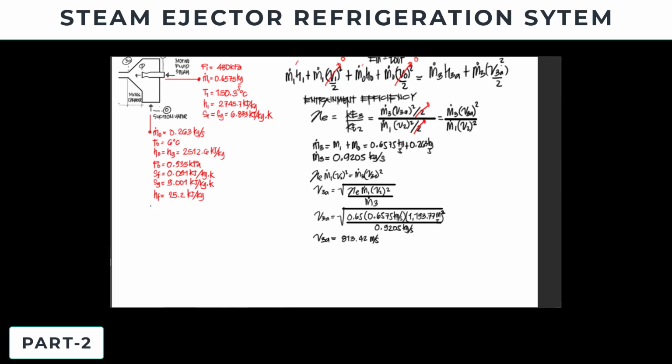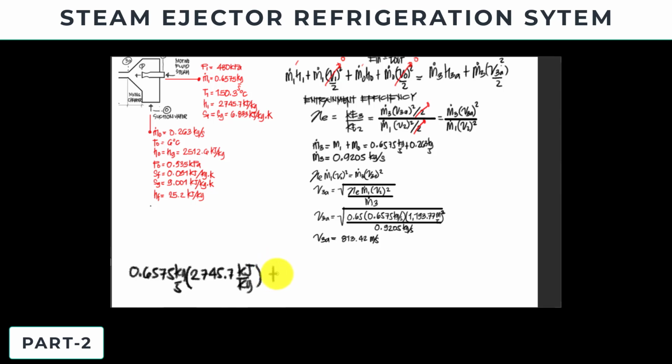So we can write now our mass flow rate. Coming from here, that will be mass flow rate 1, 0.6575 kilogram per second, multiplied by enthalpy 1, we have 2745.7 kilojoule per kilogram.